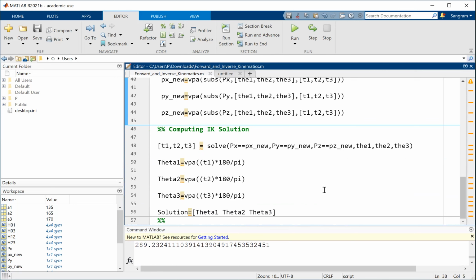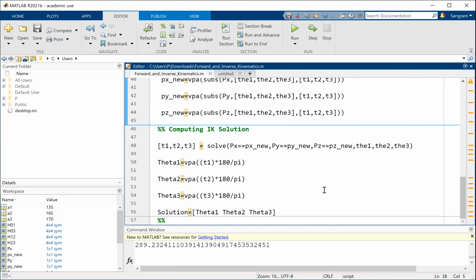Everyone understood this? The only trick here, and this is something you will struggle with, is that you have to code those equations correctly inside MATLAB so that solve can solve them for you.